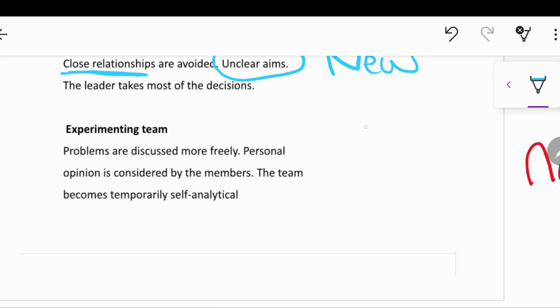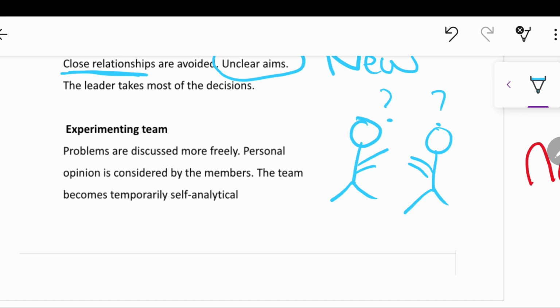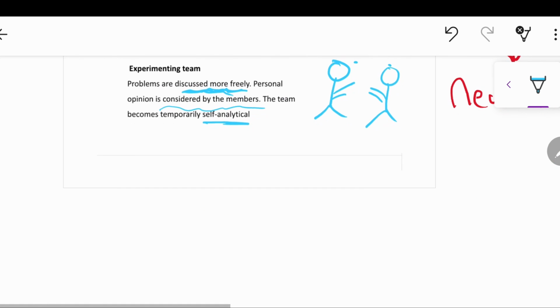Here, people are trying to see how to work with each other, becoming a bit more self-analytical. Problems are beginning to be discussed, and personal opinions are being considered by others. However, it's still in the early stages.